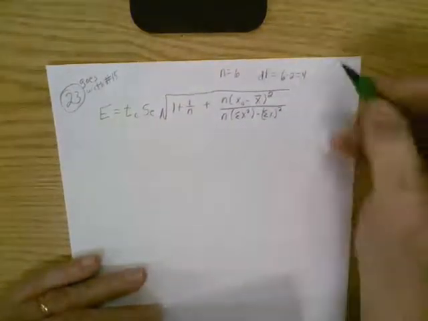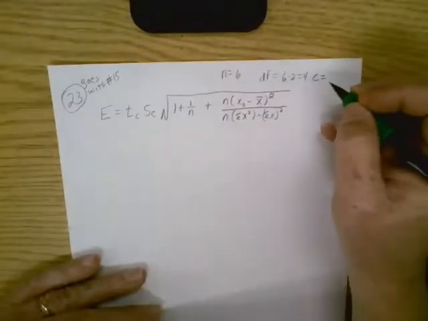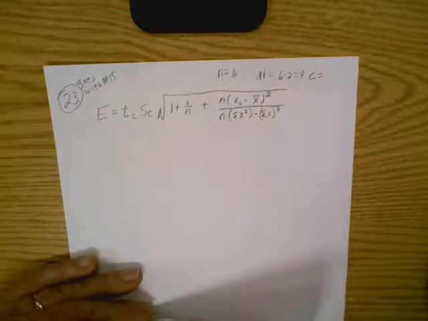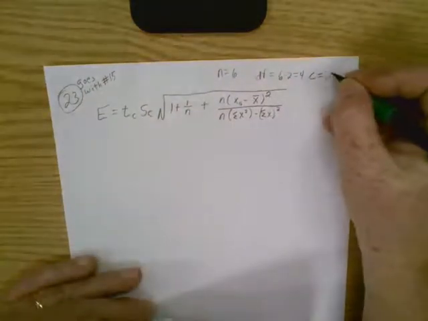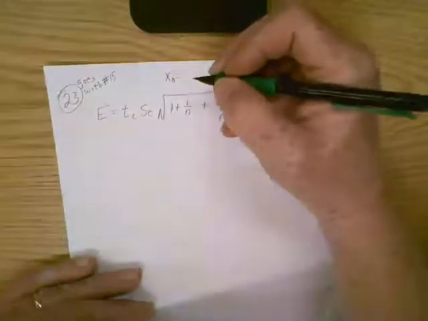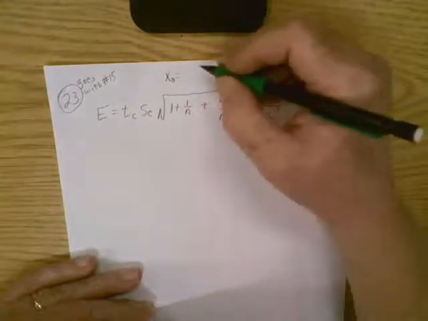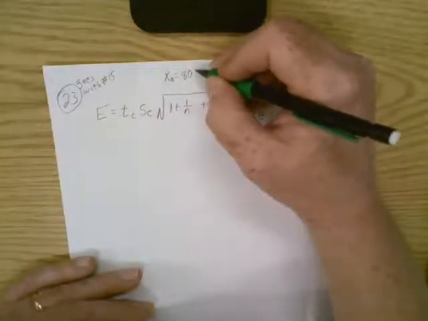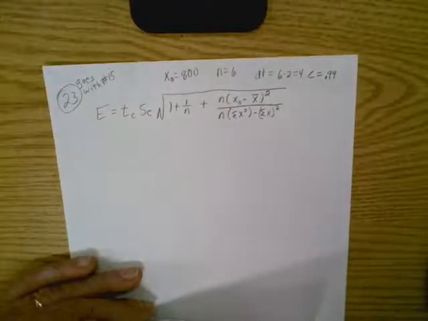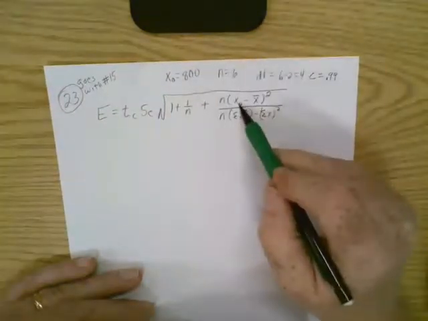We're going to use that, and they tell us our C, our confidence level that we want on 23, is 99%, so 0.99. And they also tell us that our X sub 0, the number that we're using to predict, is 800. So we need that X sub 0 in here.